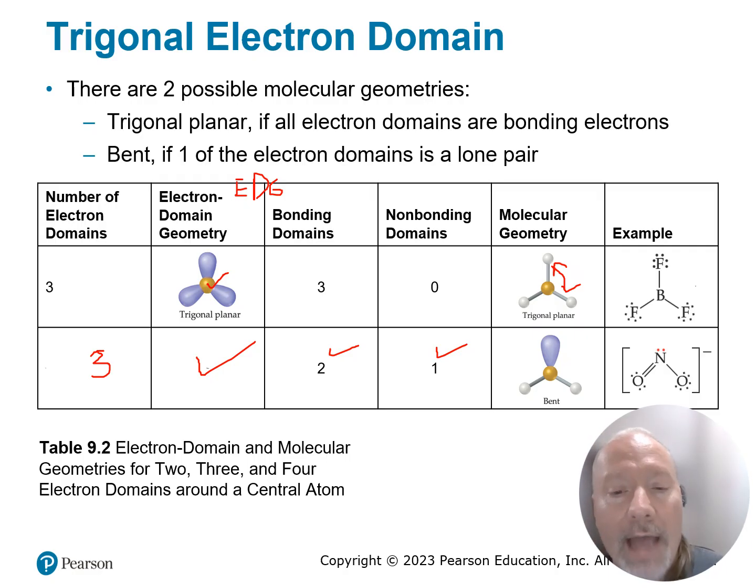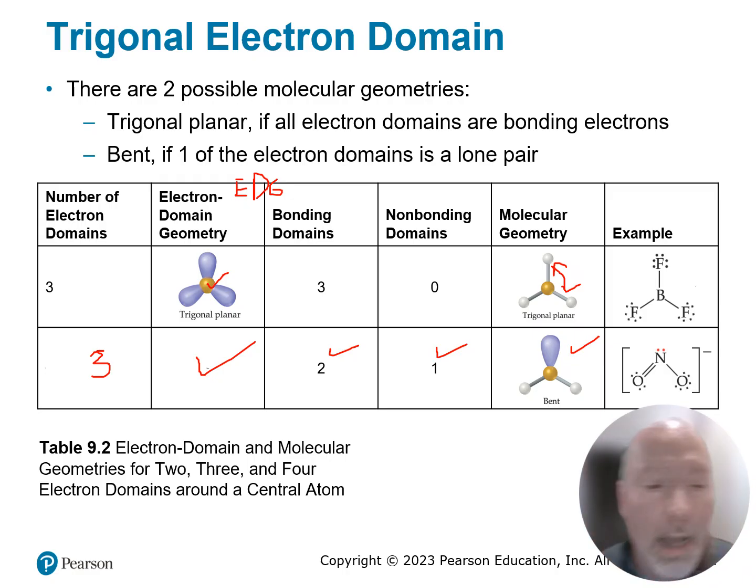We have to say that it's not there. So now this trigonal planar electron domain geometry, when we look at the molecular geometry, it's going to be bent. An example of this is NO2 with an anion, and it's bent clearly when we just look at the molecular geometry, which is different. The molecular geometry and the electron domain geometry differ for this one.